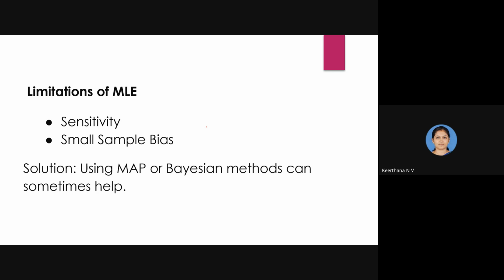While you are including a prior distribution, it can reduce the variance. Keep it in your mind, it can reduce the variance, but it will not reduce the variance completely. If you are going for MAP, it is considered to be less sensitive compared to MLE. So how can we overcome these two properties? By using a MAP technique or Bayesian methods, you can overcome some of the limitations of MLE.